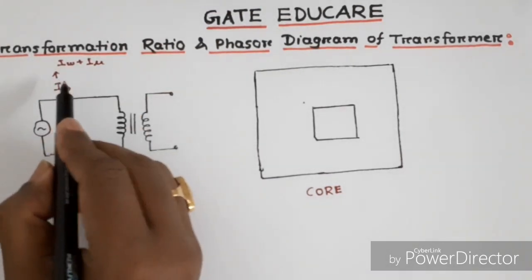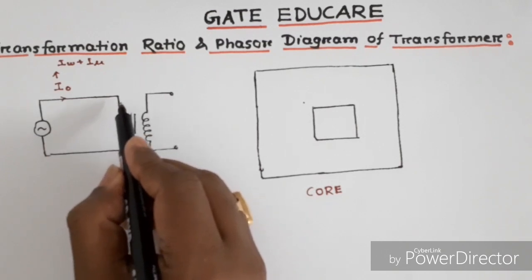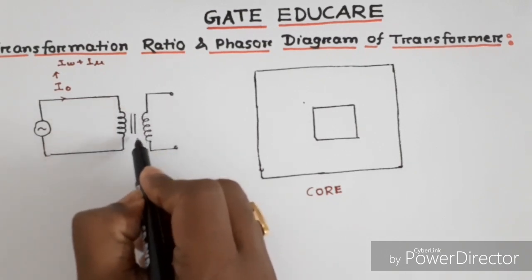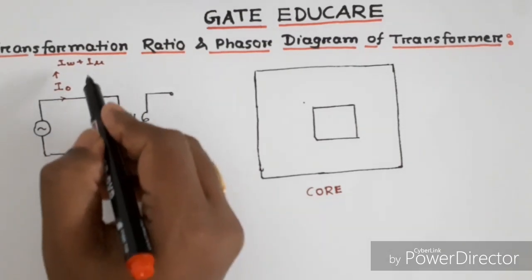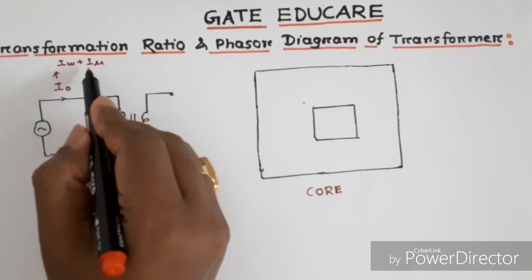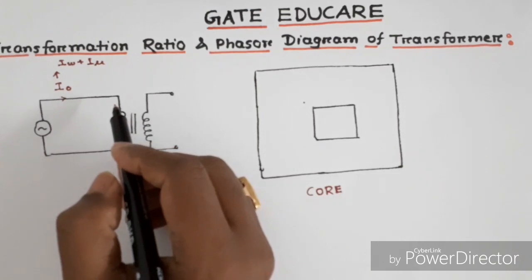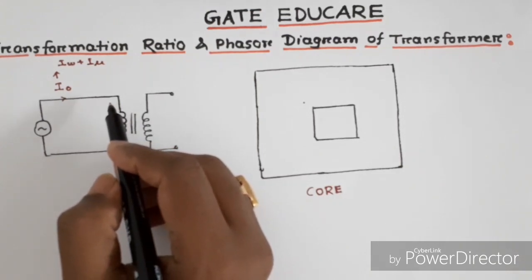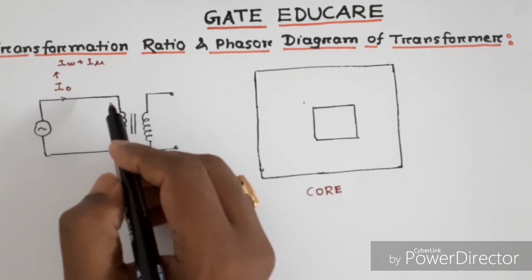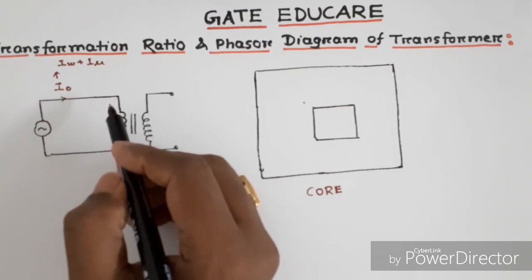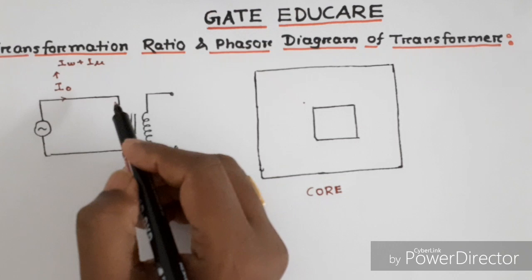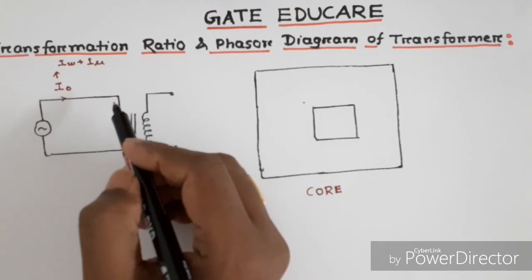The IW represents the iron loss of the core of the transformer and I mu is responsible for production of the required flux. About no load current, in the equivalent circuit of transformer part 1 class, it has been discussed very clearly. If you have any doubts, please go through that video. Link will be given in the description box.